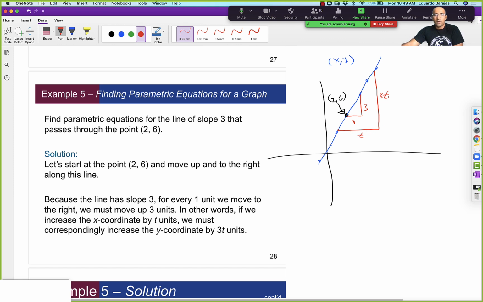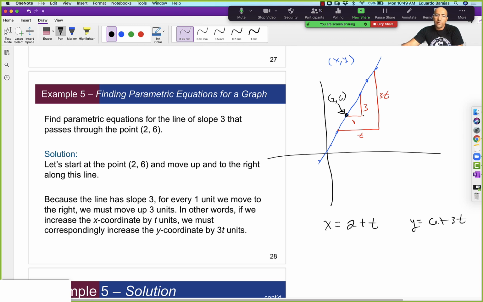However, we have a starting point of 2, so I can conclude that the x equation has to be 2 plus t, and the y equation is 6 plus 3t. Let's check the first point: at t equals 0, we get 2 comma 6. Let's find one more point.